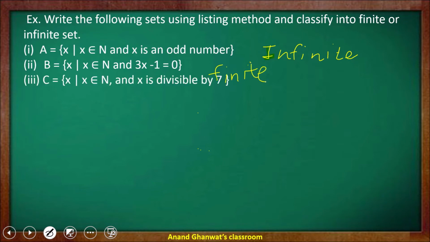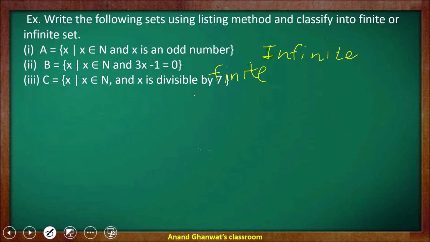Now the third example. Set C is the set of all x such that x belongs to N and x is divisible by 7. So element x is divisible by 7 and belongs to the natural numbers. Therefore, can we enlist all the elements in set C?